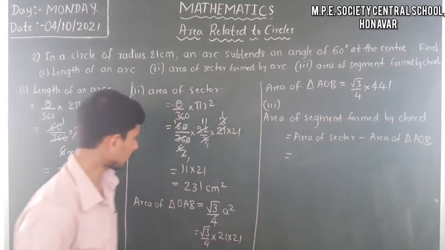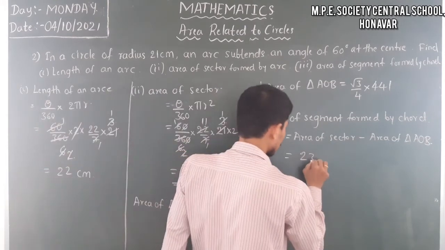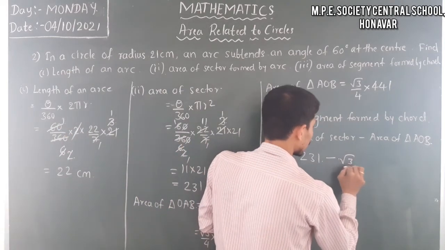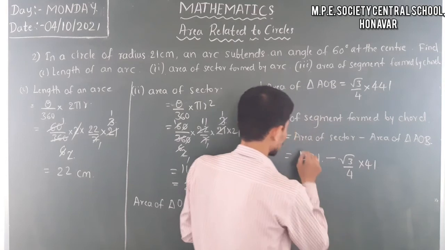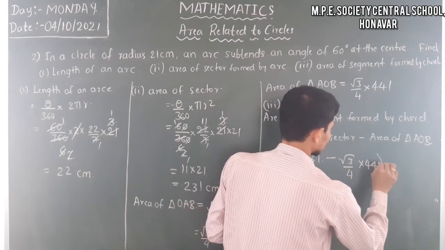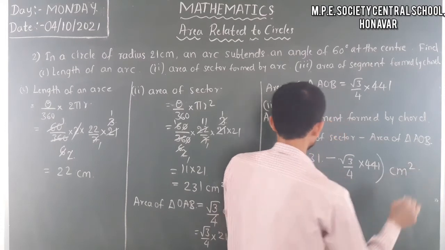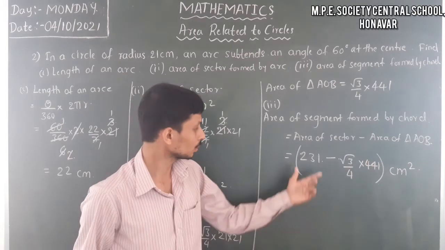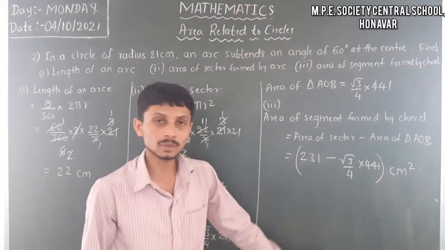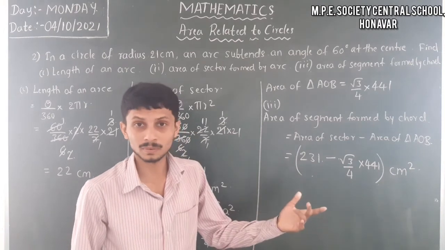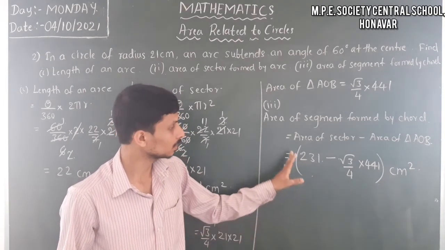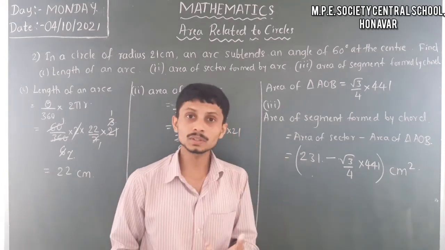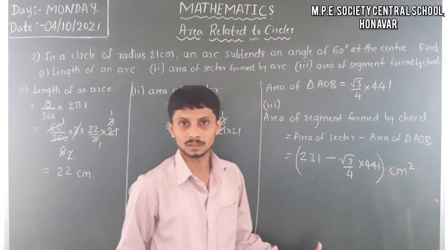The area of the sector we got is 231, minus the area of the triangle, root 3 by 4 into 441. I will leave this as it is: 231 minus root 3 by 4 into 441 centimeter square. You can simplify it, and you may get the answer in decimal form. This last part is yours to find out.